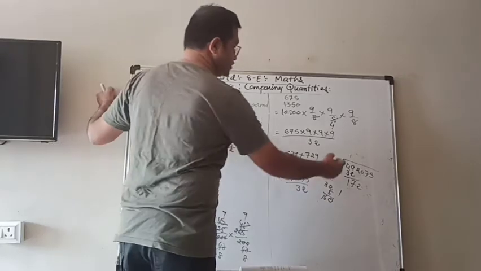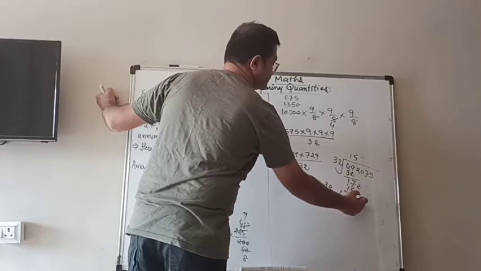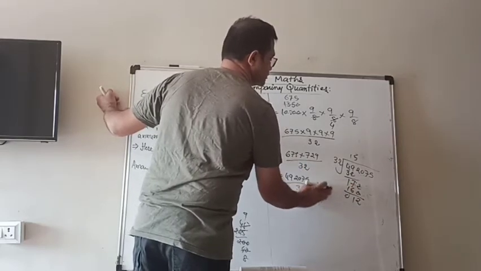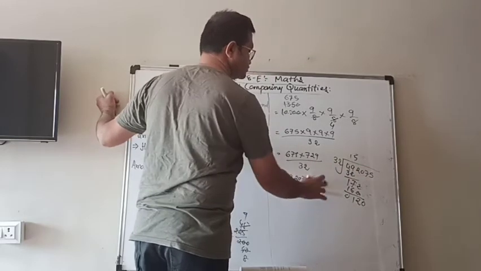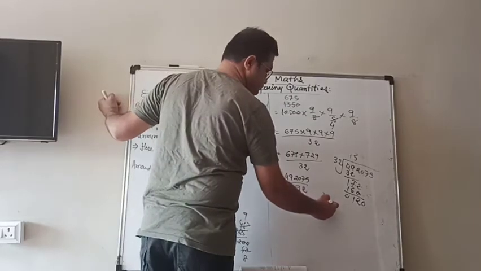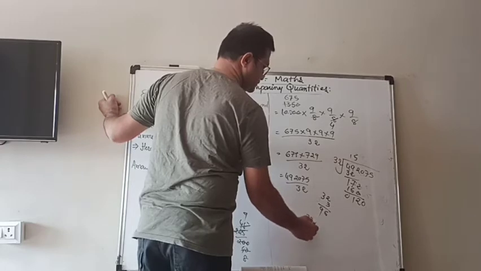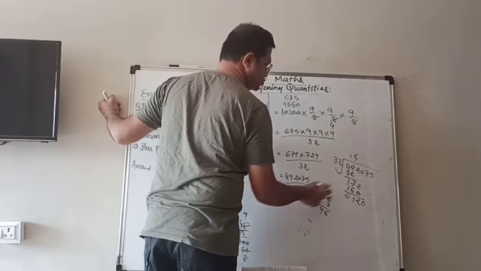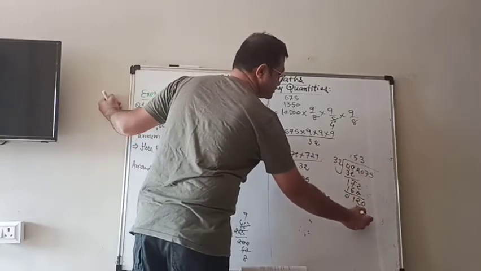So now 0 will be there. Now 32 threes are 96.